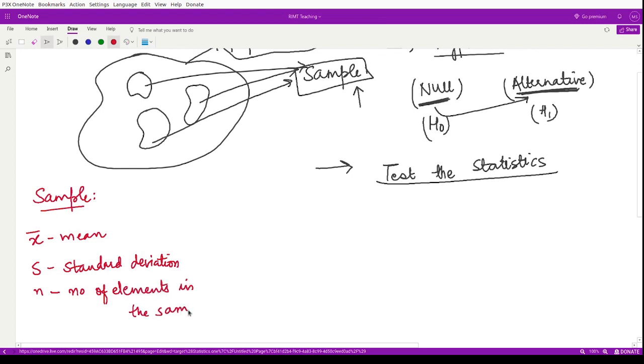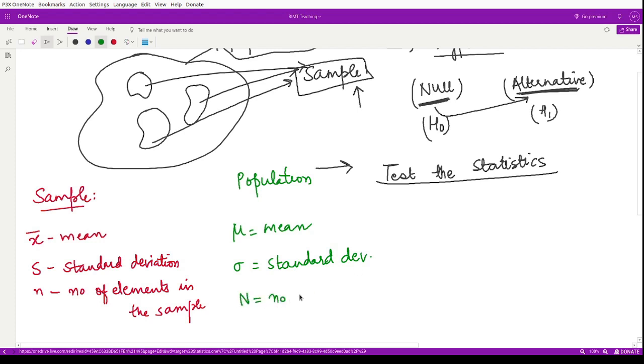And for the population, we have mu, which represents the mean of the population, and sigma, which represents the standard deviation of the population. Then we have capital N, which represents the number of elements or objects present in the population.